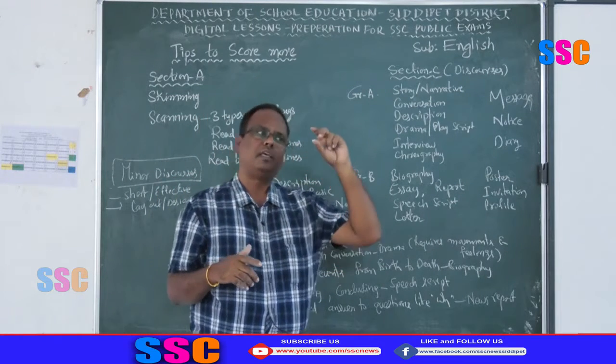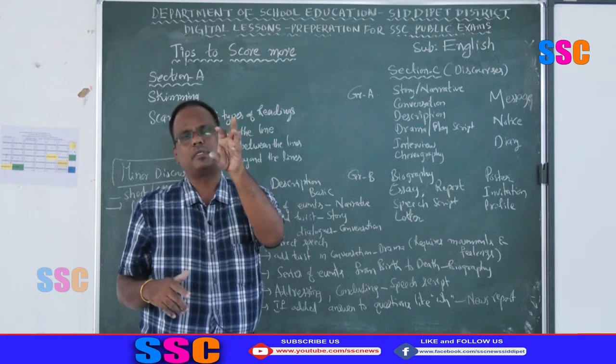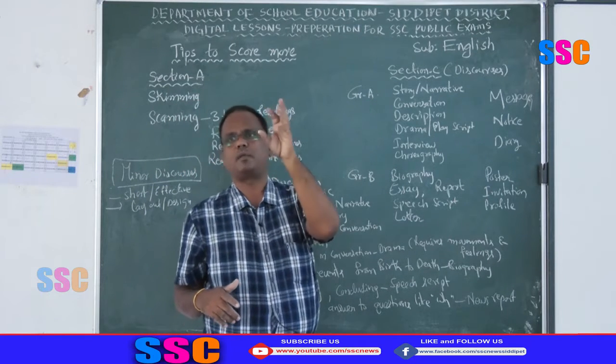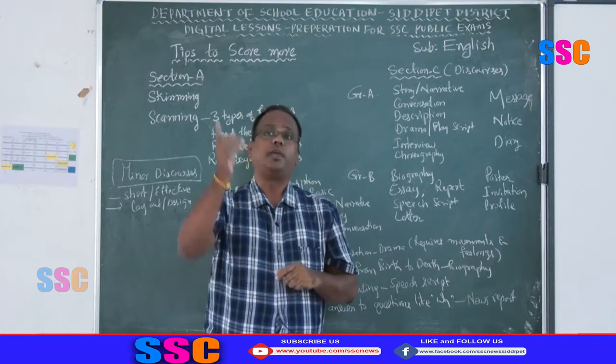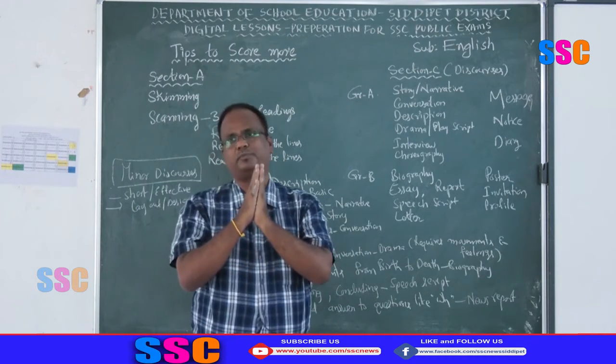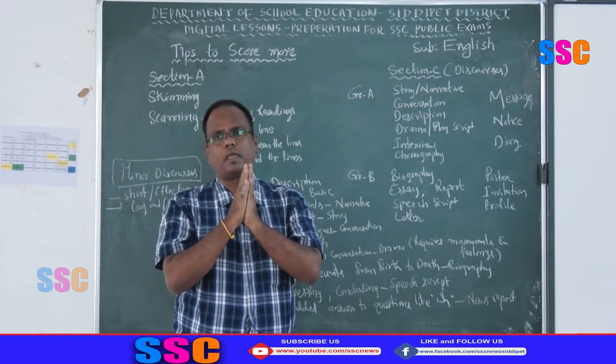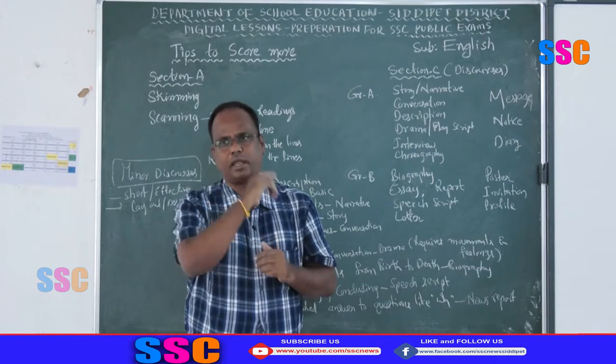How? See, in description we are giving details about one particular person or an incident or a place. But if we give these details in a series, like how the incidents took place, that becomes narrative.